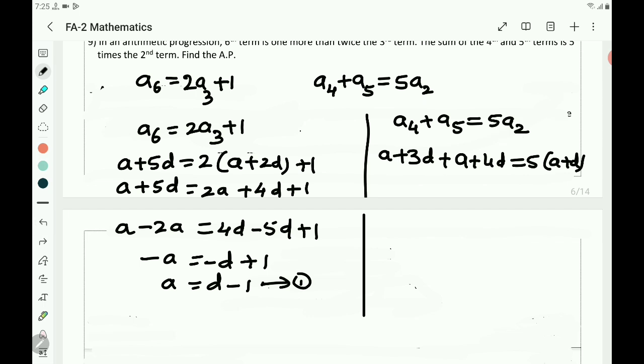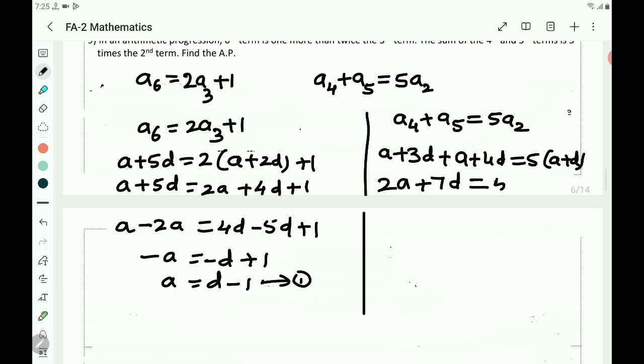A2 means A plus D. Then A plus A, 2A; 3D plus 4D, 7D; equals 5 into A, 5A, plus 5 into D, 5D.